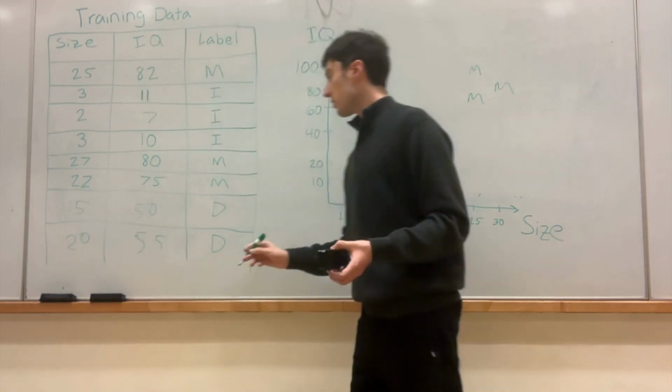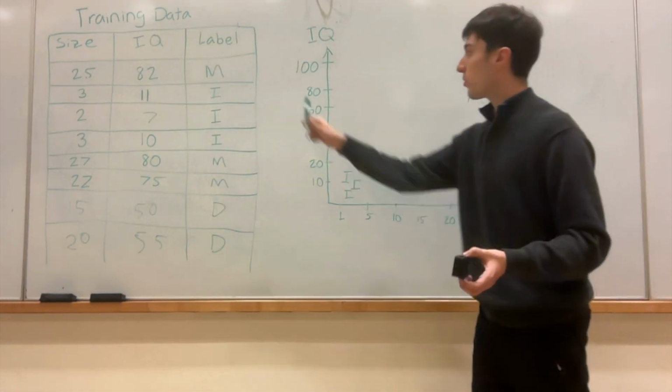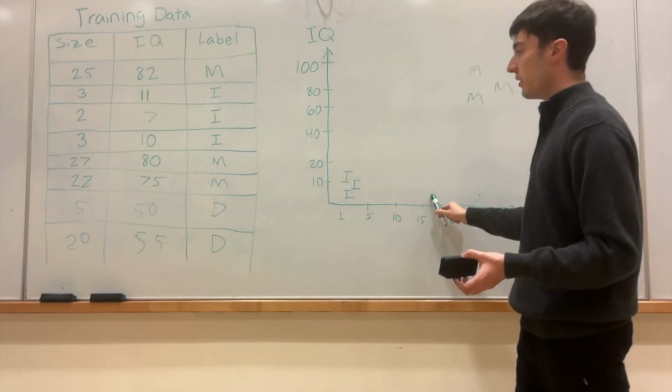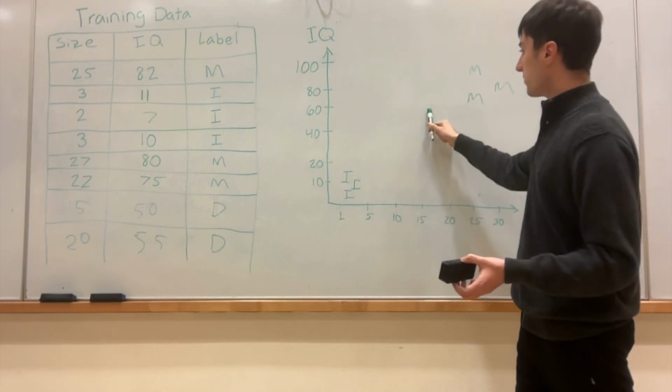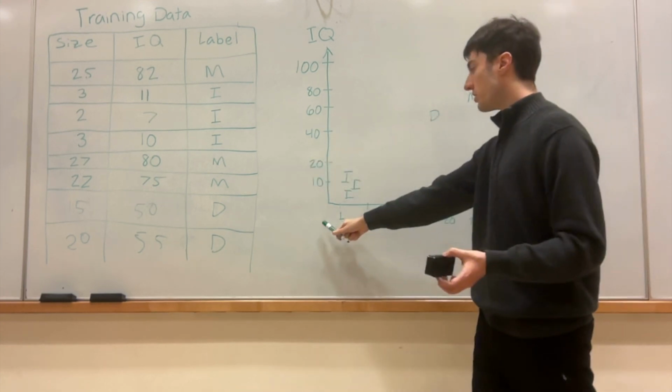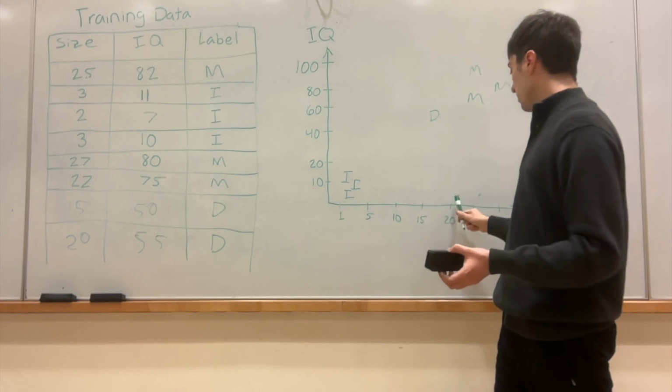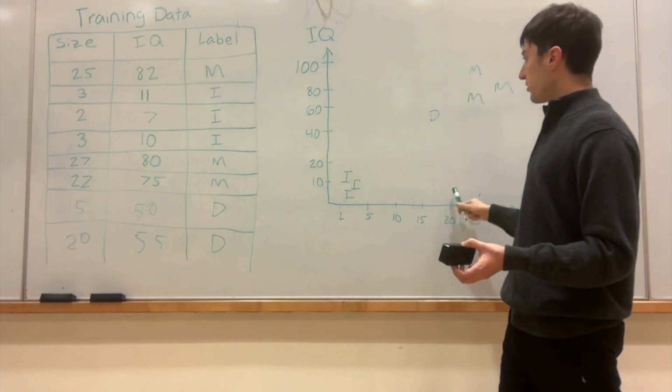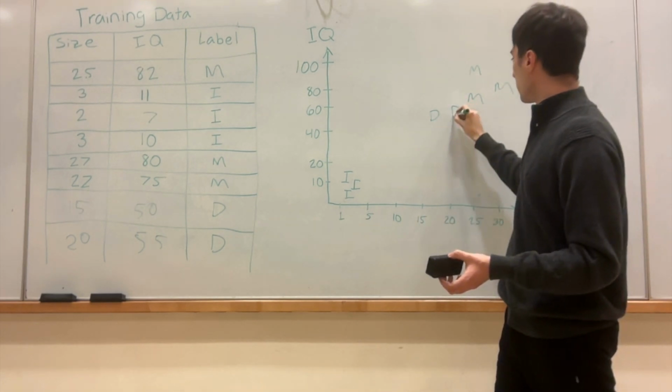Okay? So 15 for the size input, and then 50 right here is the dog, and then the other one, 20 for size, is right here, and 55 is going to be here.